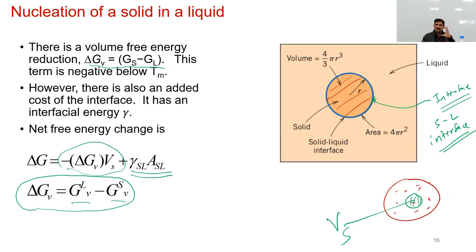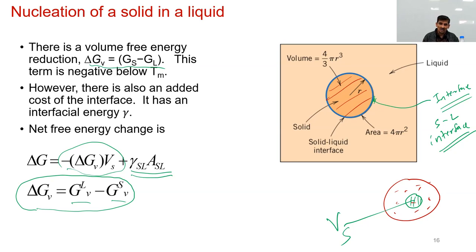So there are two things happening when we get a crystalline cluster inside a liquid. One is the beneficial effect: yes, the crystal will have a lower energy, so there's a volume free energy reduction. But we also add an interface. That is inevitable. Whenever something forms, there has to be an interface which forms, and that interface would have a positive free energy.